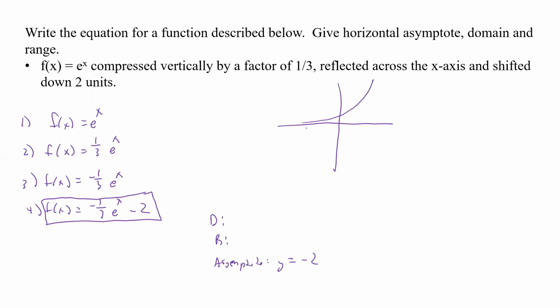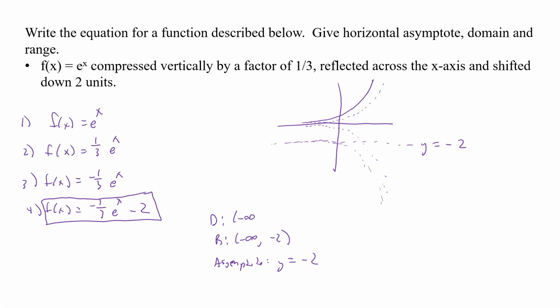Then we compressed it, and then we flipped it over the axis, and then we shifted it down. Okay, and so we said that y equals -2 was our new asymptote. So that means our range is going from -infinity up to that -2.